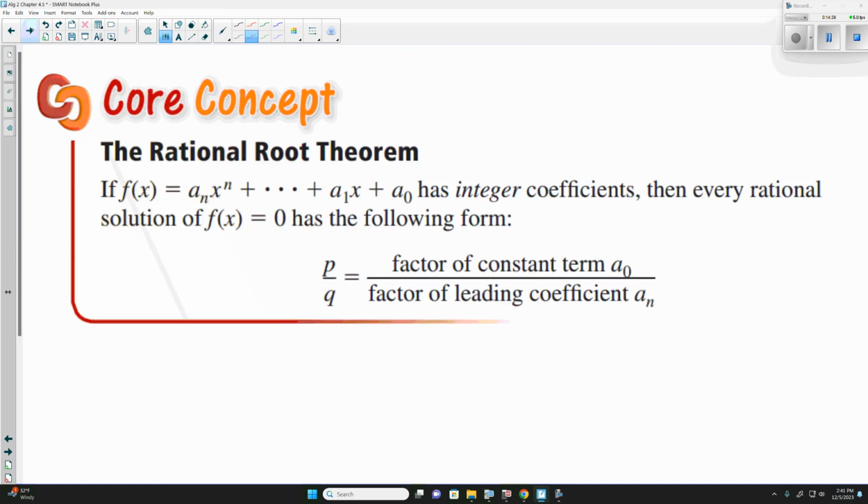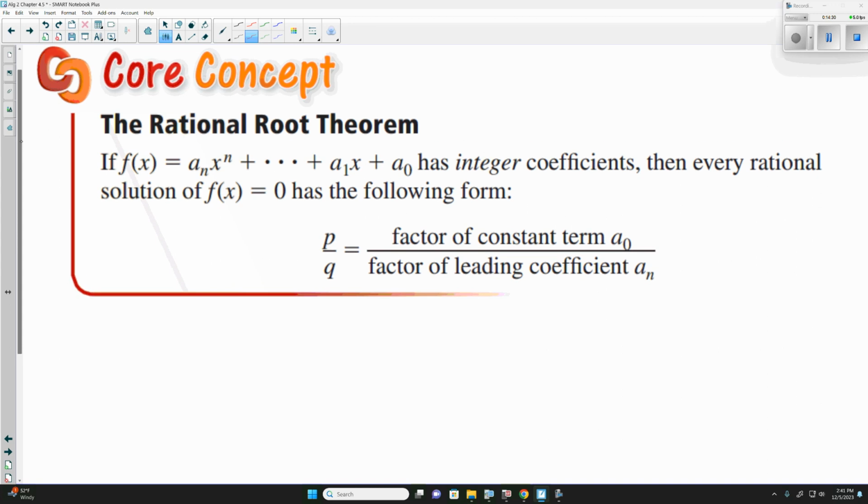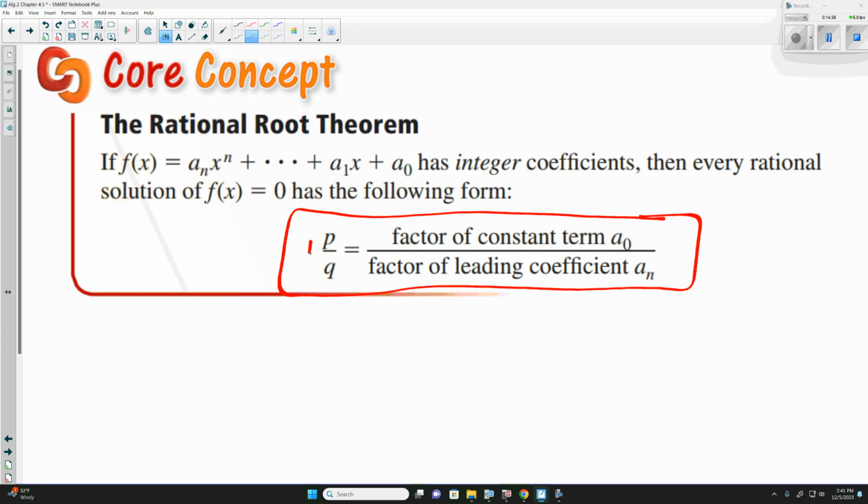Now we're going to skip ahead a little bit to this core concept, the rational root theorem. Out of everything up here, this piece right here is the important part. Plus or minus p over q, where p is the factors of the constant term, our term without x, and q is the factors of the leading coefficient.